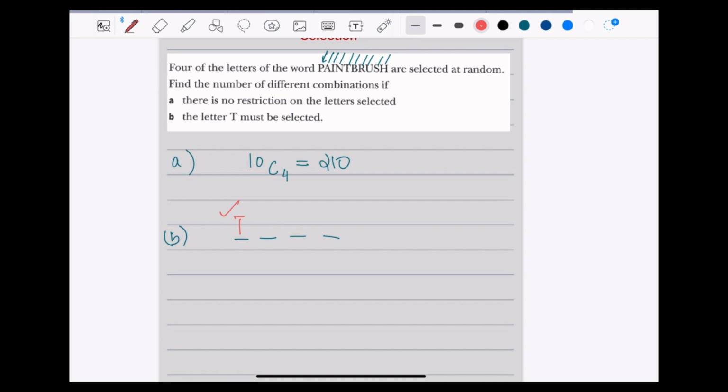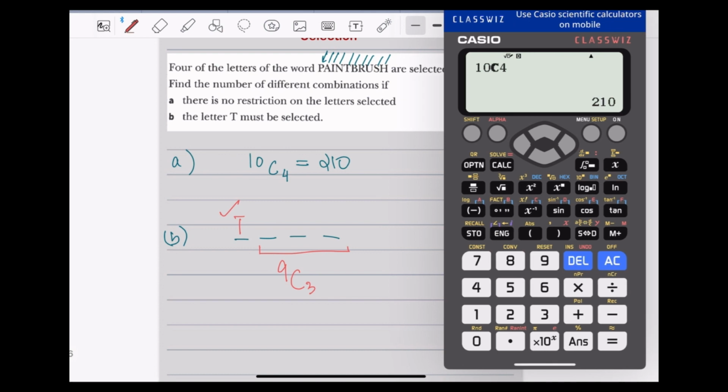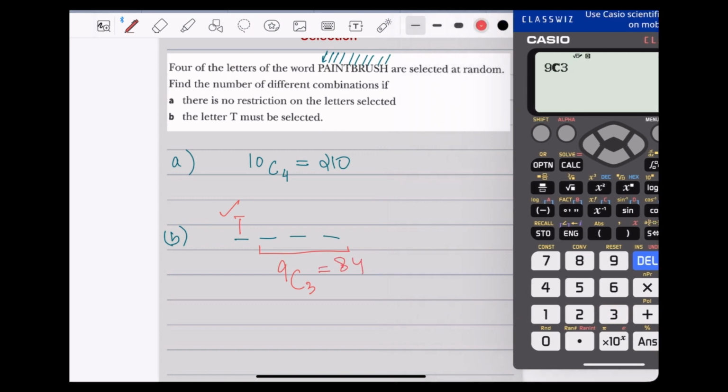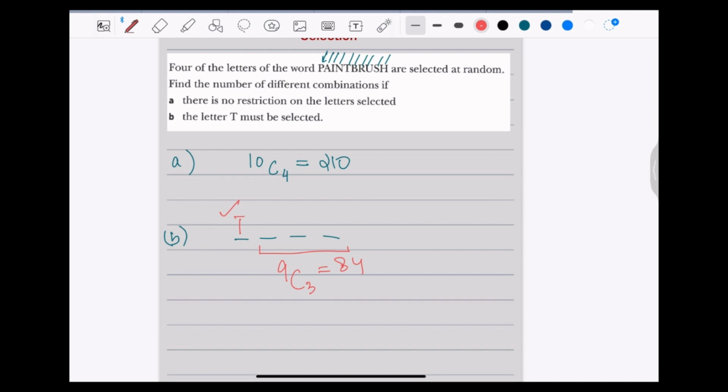Now, the rest of the letters I'm left with is 9, out of which the space I'm left with is 3. So 9 choose 3, 9C3, is equal to 84 ways in which I can select different combinations where T will also be a part.